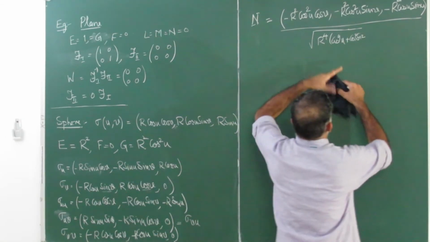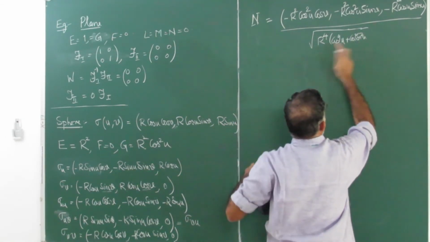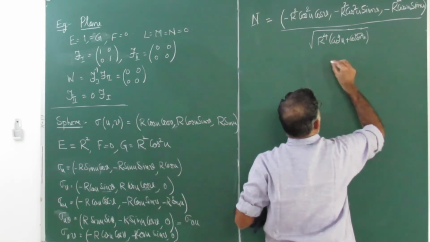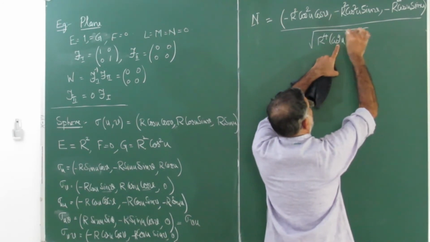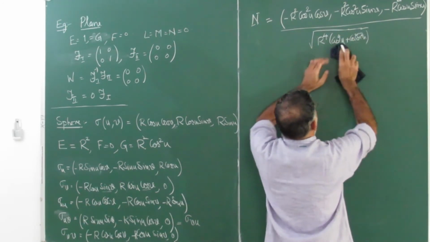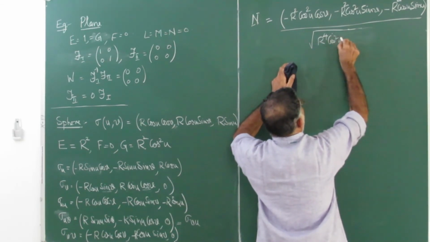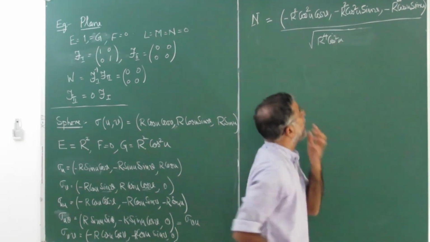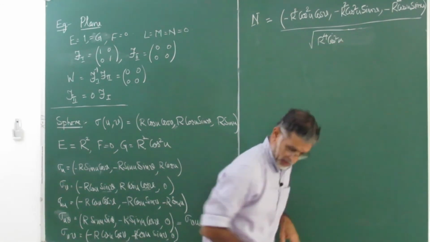If you take a common factor cos square outside, then what will you get? You will get cos square u plus sin square u, that is 1. So you will have only cos square u, and now of course you can take the square root.